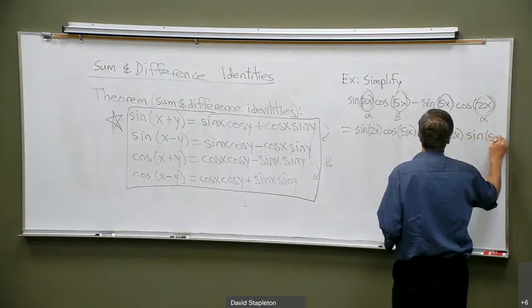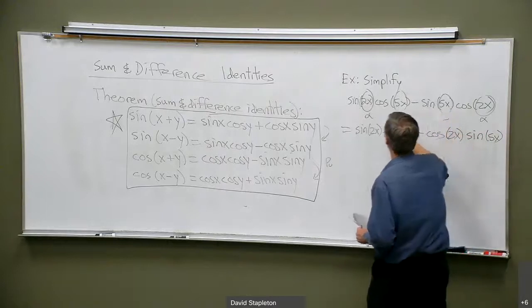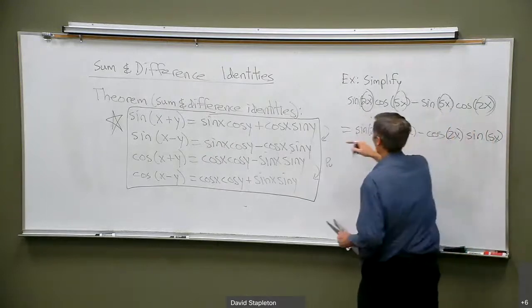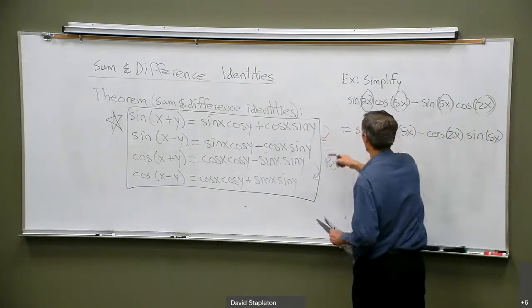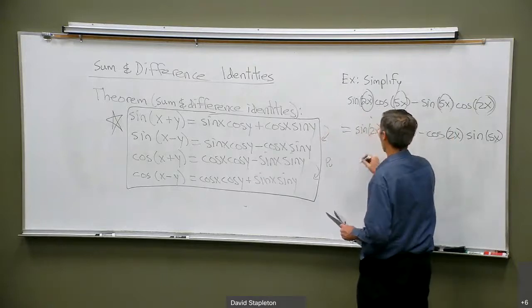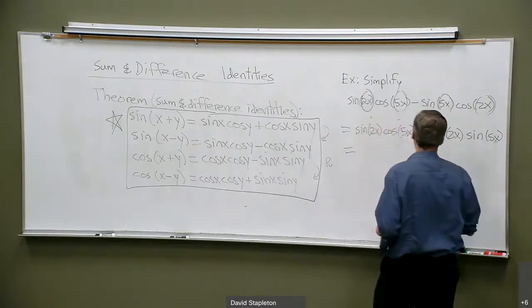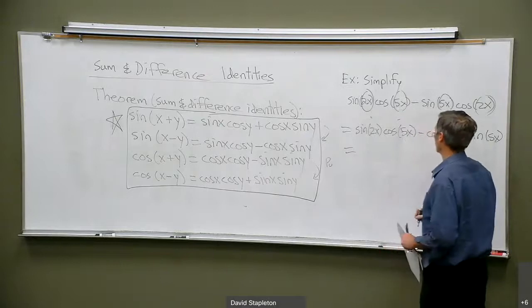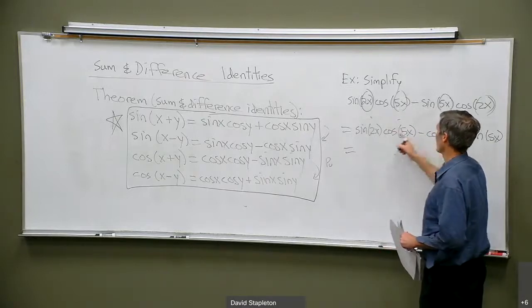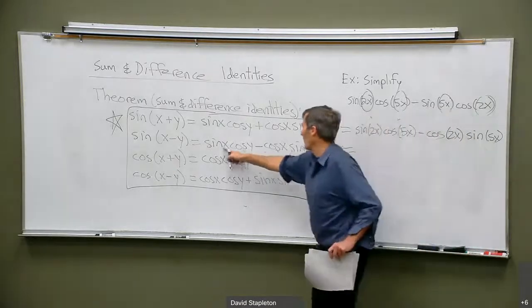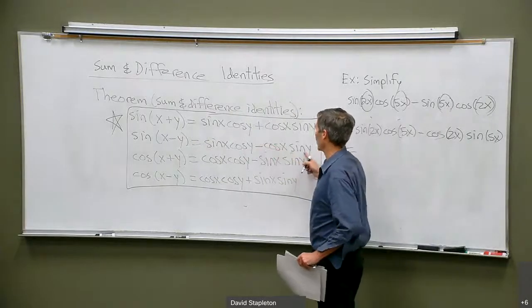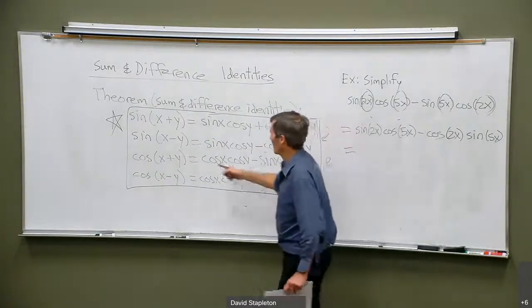And sure enough, let's circle these here, thinking of the identity over here, this is the difference identity, right? Sine cosine minus cosine sine of any two angles is sine of the difference of the angles.